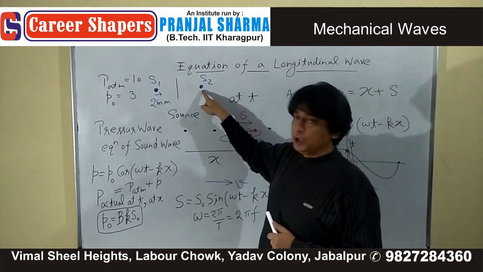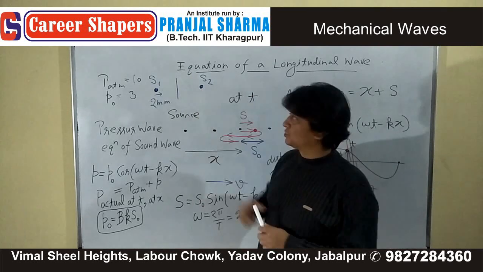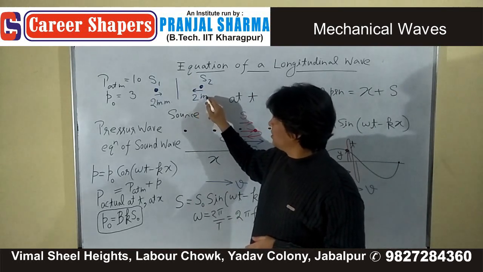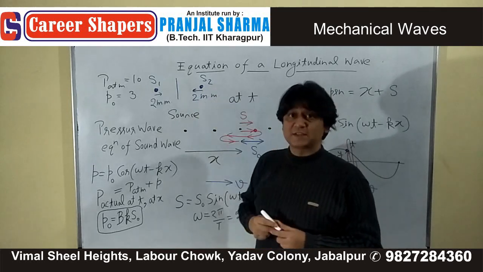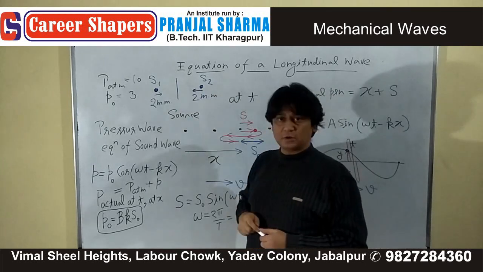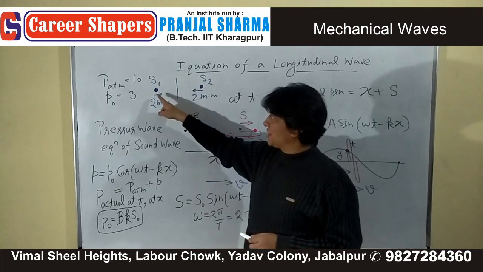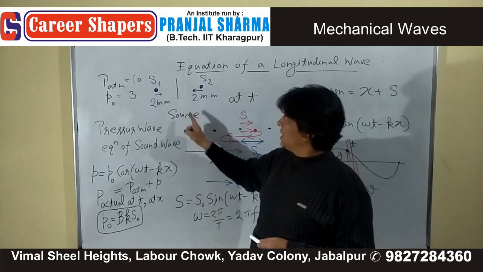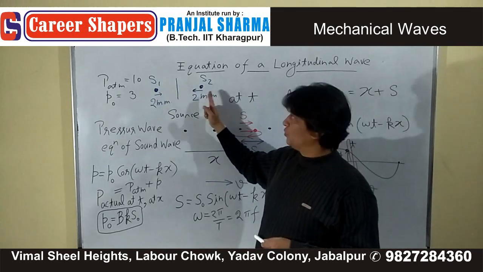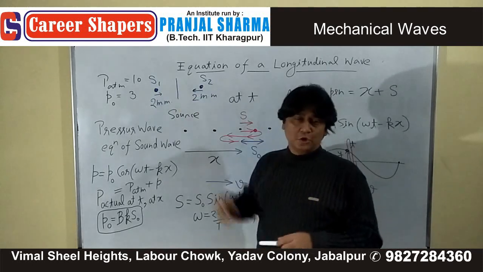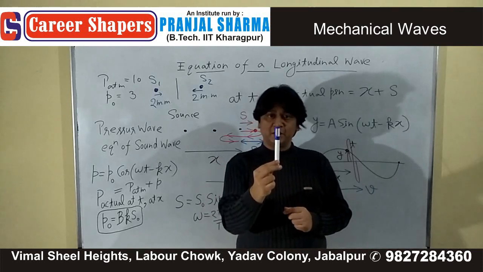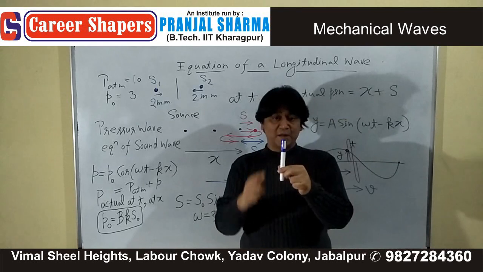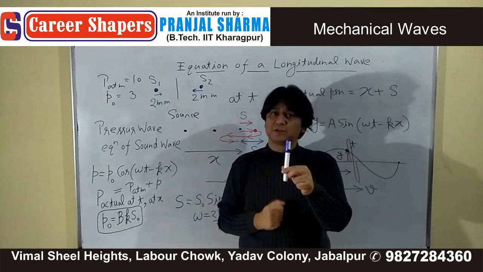Now, I told you that S2 is also an identical source. It sends the same command of 2 millimeter at the same time, but in this direction. So, by the time this 2 millimeter command arrives at this position, the other 2 millimeter command will also arrive at this position. So the thin film is being asked to move 2 millimeter in this direction, and at the same time it is being asked to move 2 millimeter in the other direction.